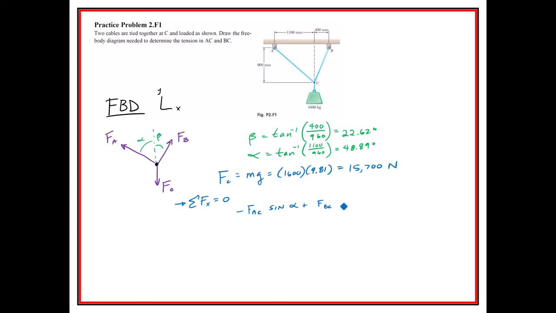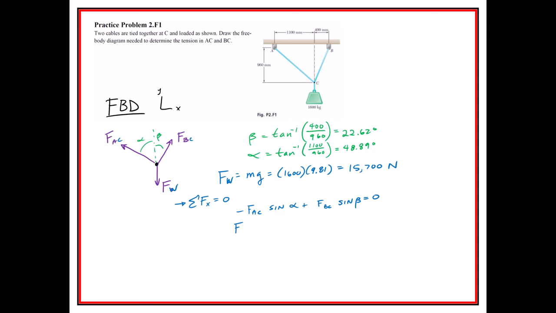Oh, I did call him that. I'll call it FBC. And I'll call this W. Times the sine of beta equals 0.